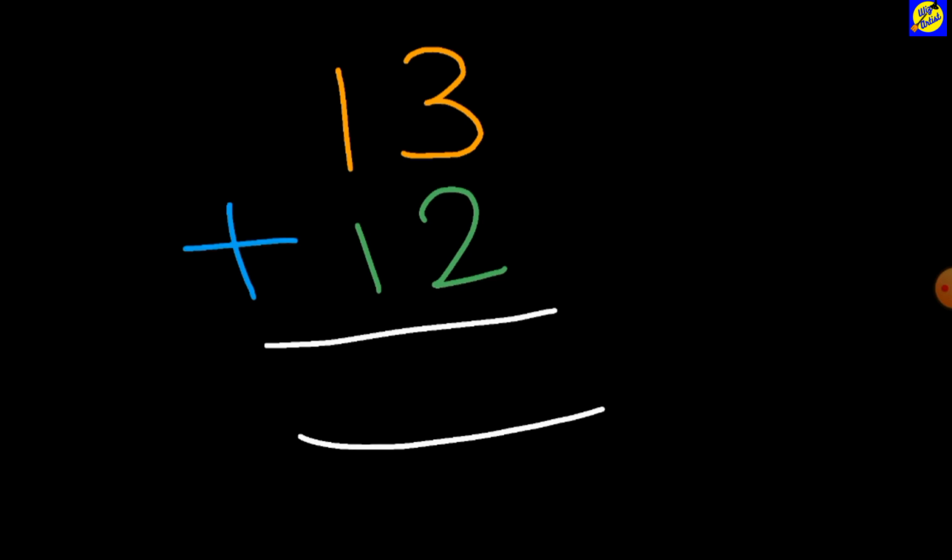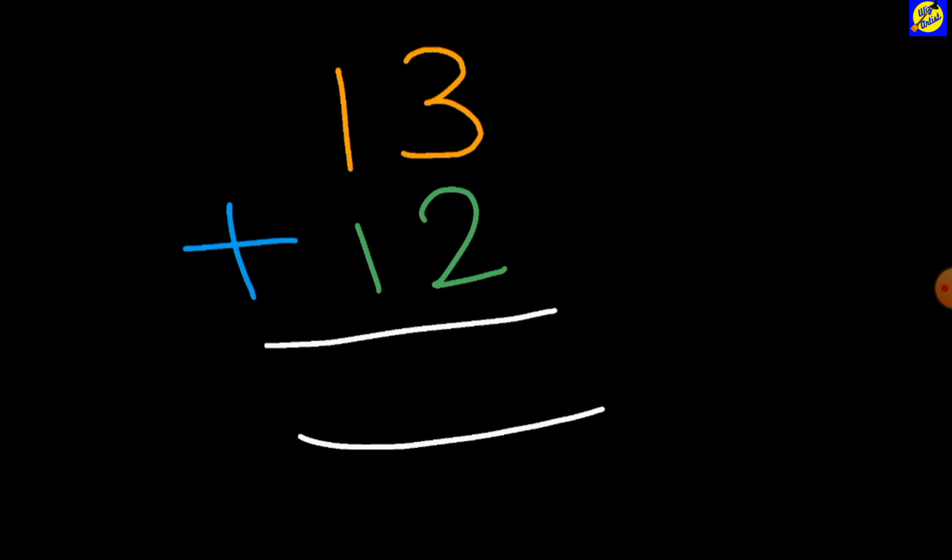The larger number is preferably put up and the smaller number is put down. But if you by mistake put the smaller number up and the bigger number down, no problem. So I'll put the bigger number up, then I'll put the smaller number down, and then the addition symbol to show that I'm doing addition. And then in the lines I'm gonna write the answer.